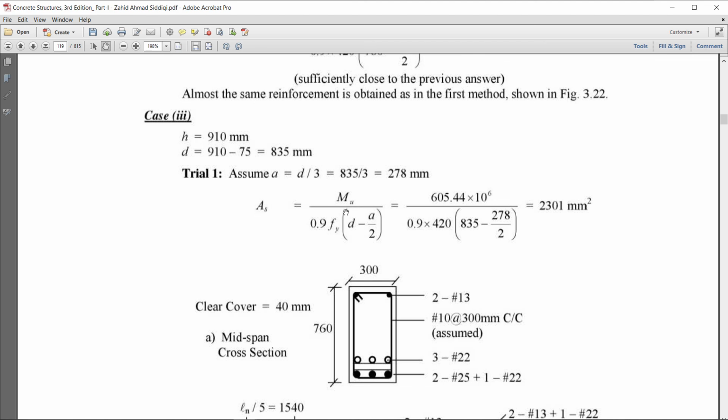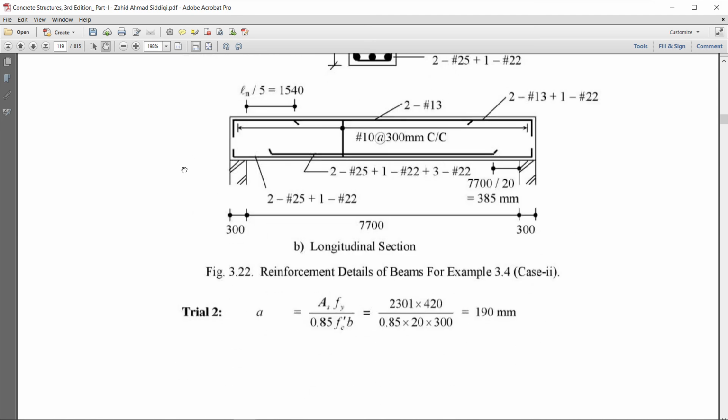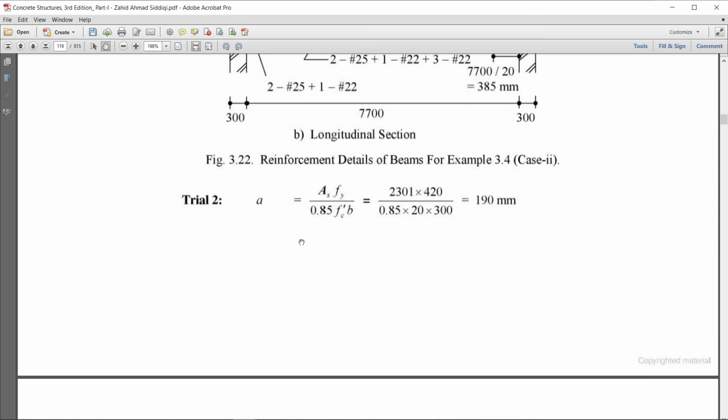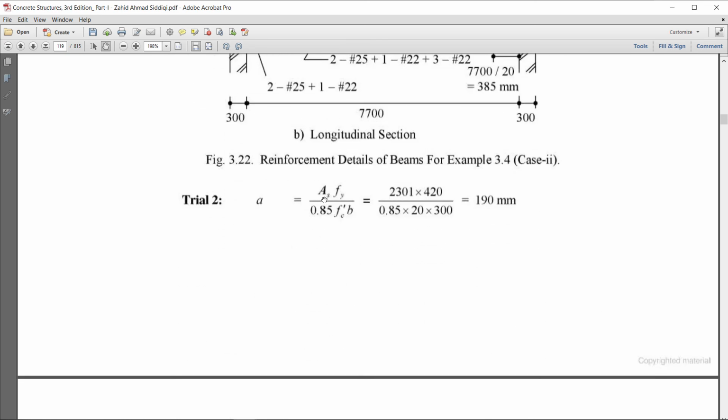All the parameters you have, Mu, d, fy, and you put the assumed a, and you get the area of steel. Then in the second trial you will again calculate a from the previous area of steel, that is 2301 millimeter square into fy, divided by 0.85 fc prime fy. The a value is 190 millimeter.